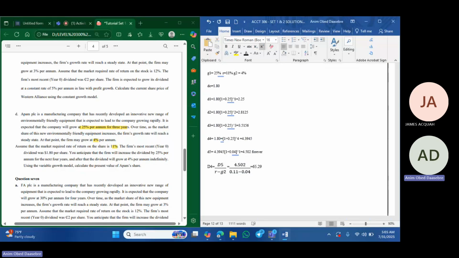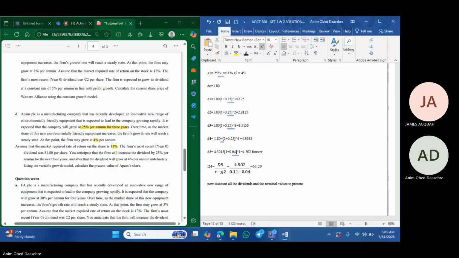So now the next thing is to discount all the dividends and the terminal value to present.